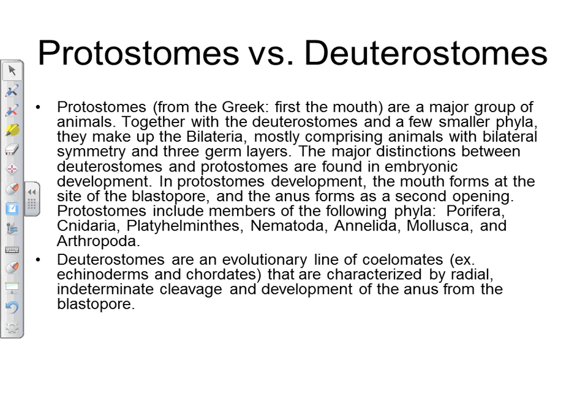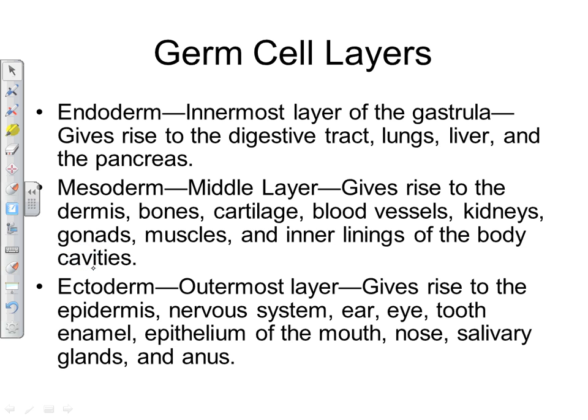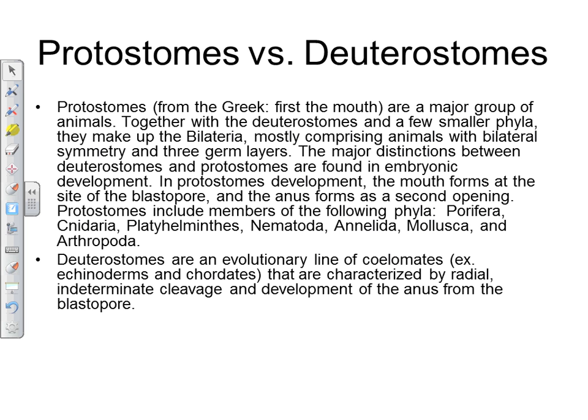We're in a group, though, called deuterostomes, and that means mouth second. So that blastopore in us forms the anus first, and later it invaginates on through to form another opening on the other side, and that becomes the mouth.